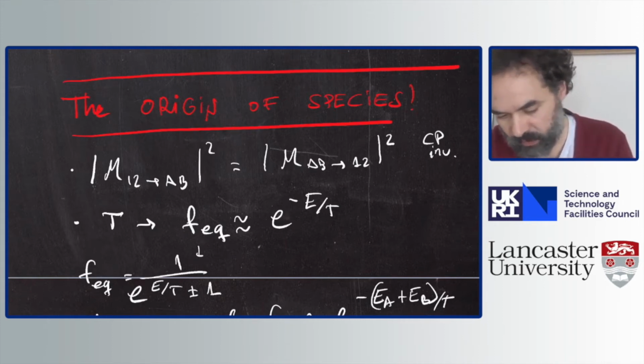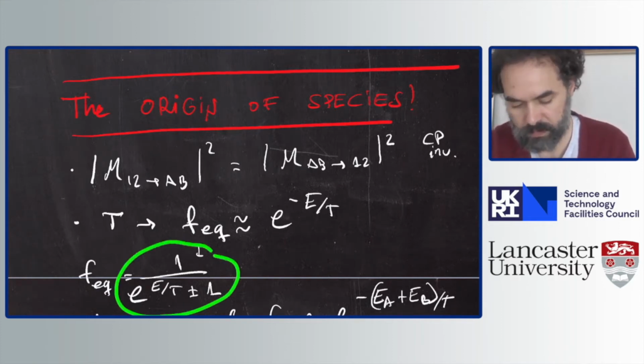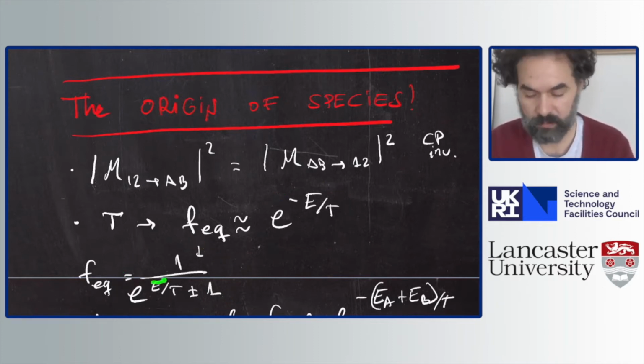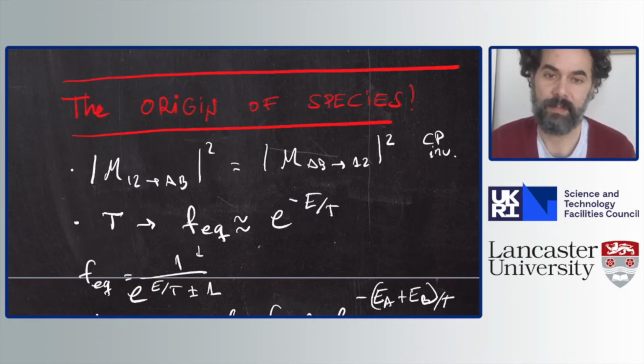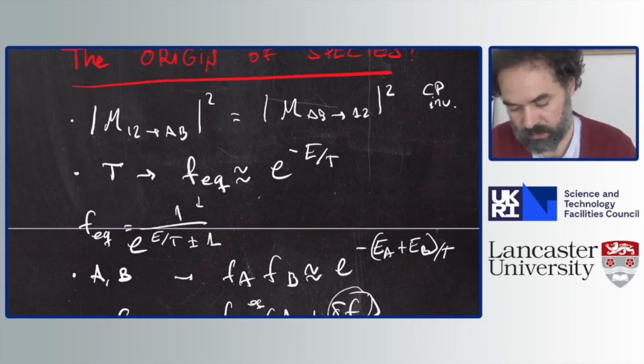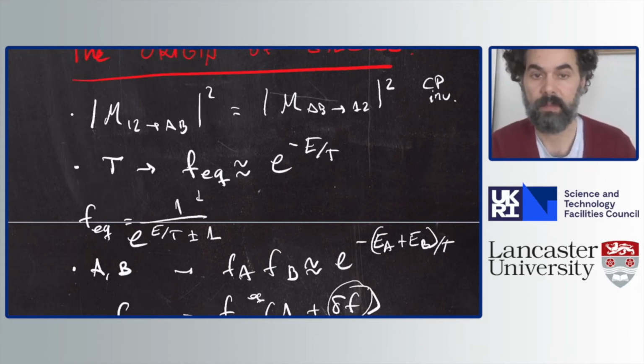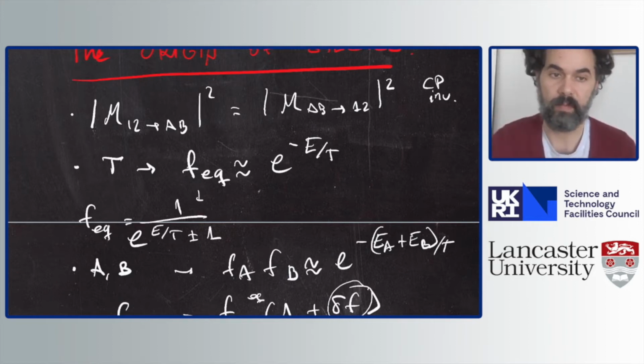So the typical distribution function for equilibrium reduces to this simple form, because T is so small that the prefactor is very big, so it overtakes the plus or minus 1. We also consider that the particles A and B are in equilibrium, and this is because they are standard model particles. Being standard model particles, they interact very often with each other, which keeps things in equilibrium.